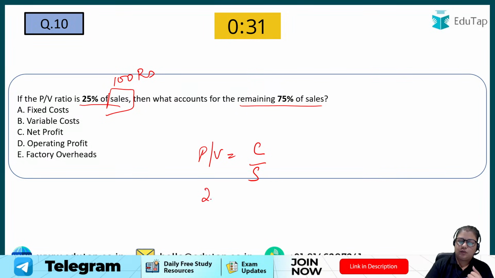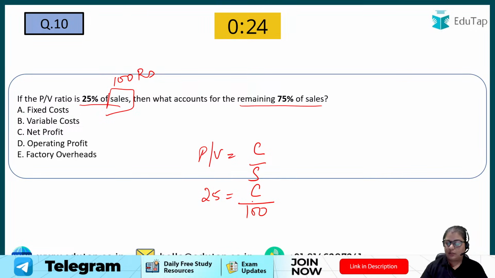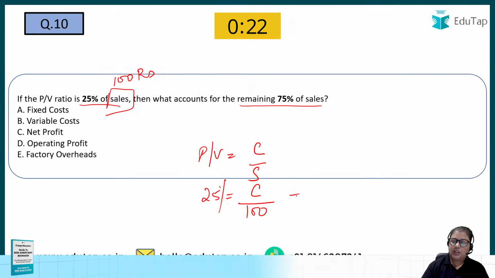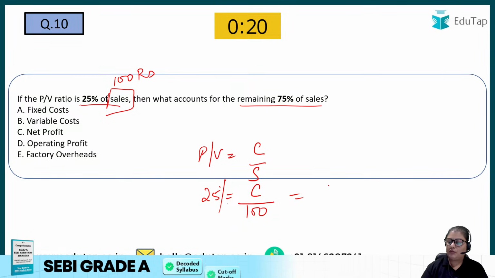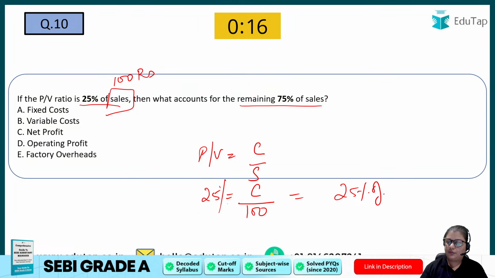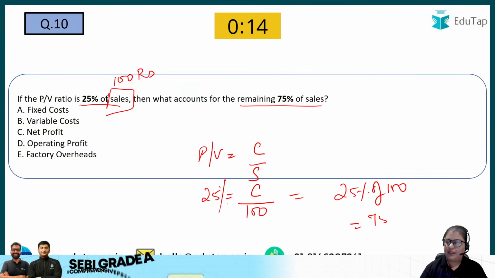So PV ratio is 25 and contribution I don't know, sales I suppose is 100 rupees. So contribution will be what?